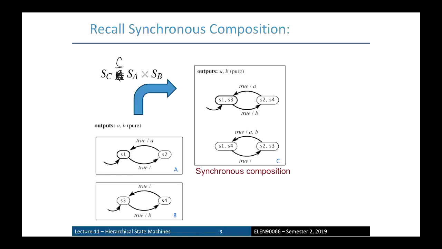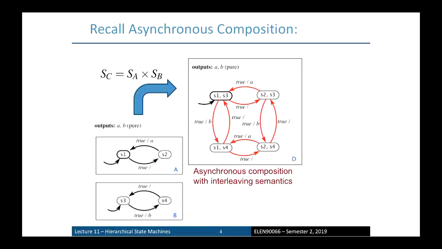Okay, that's a fairly easy one, right, when things are in lockstep. But when we deal with asynchronous composition, we've got some decisions to make about how we represent what happens. And this, as I said before, kind of gets people a bit messed up thinking about it. So if I want to compose these into a new state machine, call that D, I need some sort of semantics about which machine reacts.